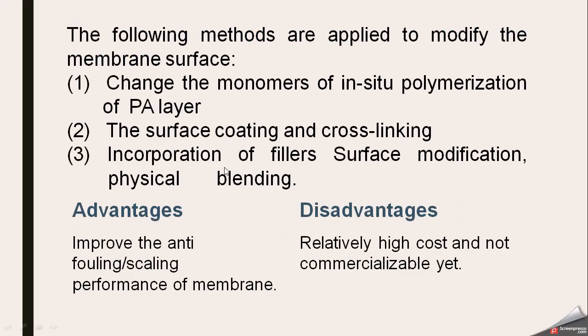Now, currently there are different methods applied to modify the membrane surface. These include changing the monomers during in situ polymerization of the polyamide (PA) layer, so that the surface can be modified.